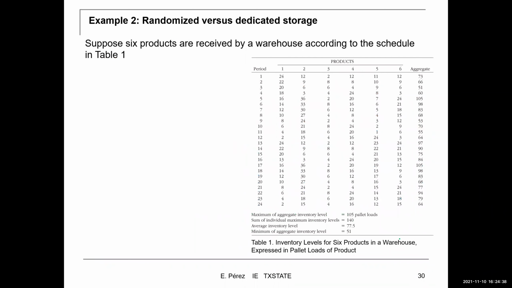So now we want to compare the randomized versus dedicated storage. Suppose that 6 products are received by a warehouse according to this schedule in table 1. What we have here are time periods in this column, and these are products: product 1, product 2, product 3, product 4, product 5, and product 6.